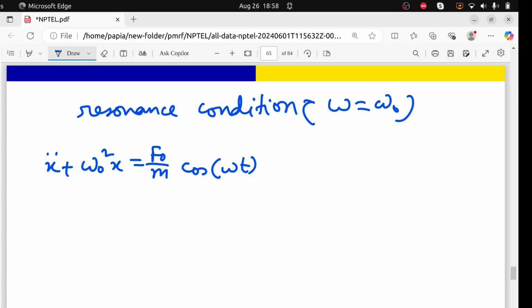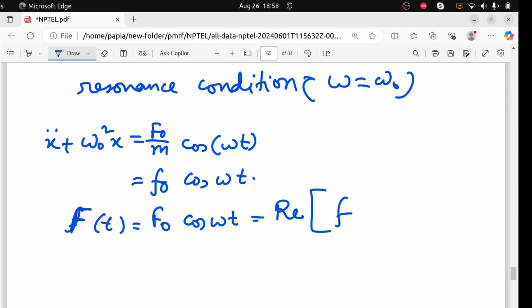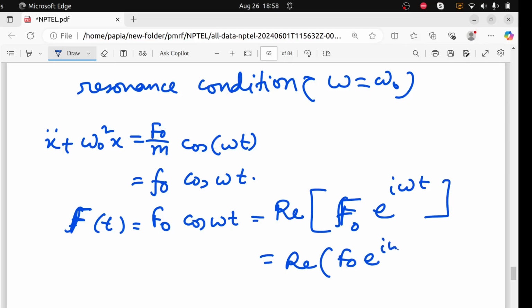Then we will use complex notation. Here this F(t), F0 cos omega t, I can write as the real part of F0 e to the power i omega t. Okay, fine.